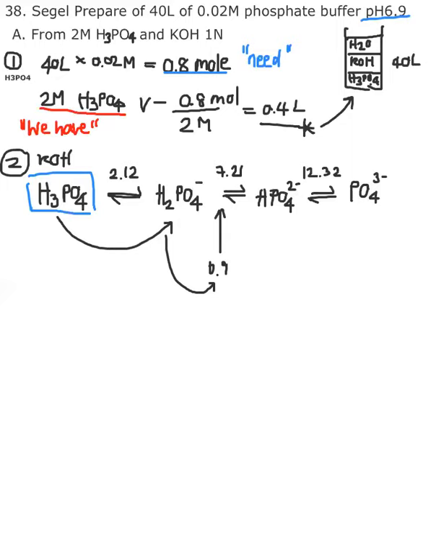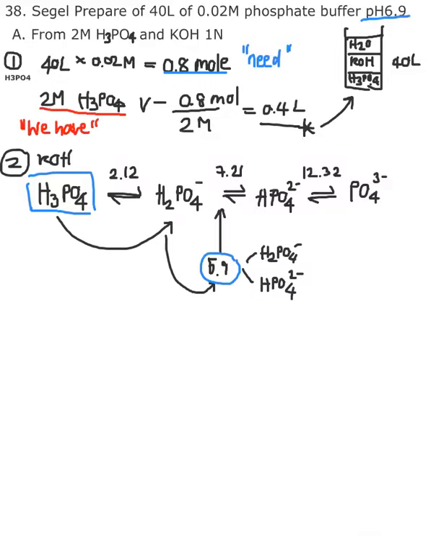Let's focus on pH 6.9 here. At this condition, the solution will contain both H2PO4 minus and HPO4 2 minus.